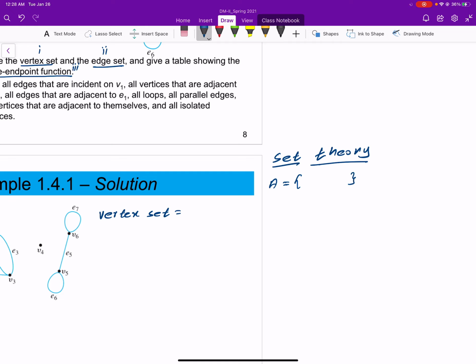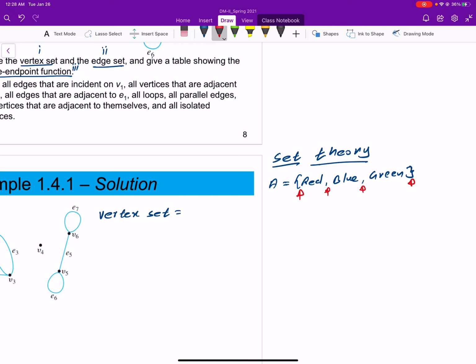Let's say my set consists of three colors: red, blue, and green. This is a set. I have to put the curly bracket and close it with another curly bracket, and separate the elements by commas.